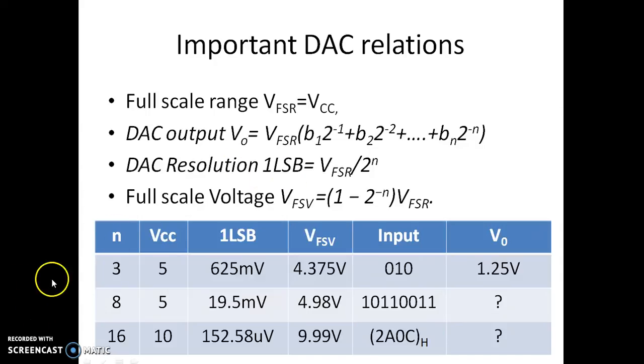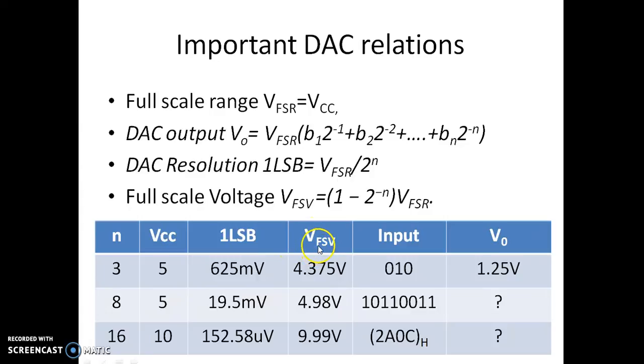So let us consider the first, n is equal to 3. Number of bits are 3. So we have VCC as 5 volts. 1 LSB happens to be 5 divided by 2 power 3, which is 5 by 8, happens to be 625 millivolts.